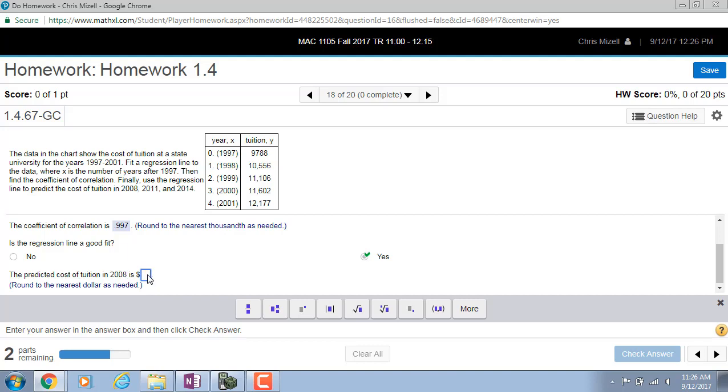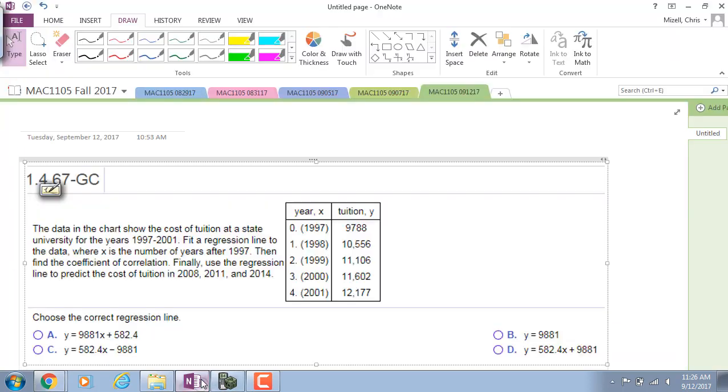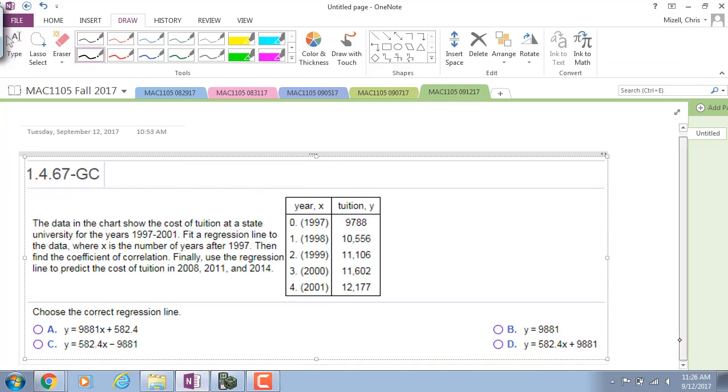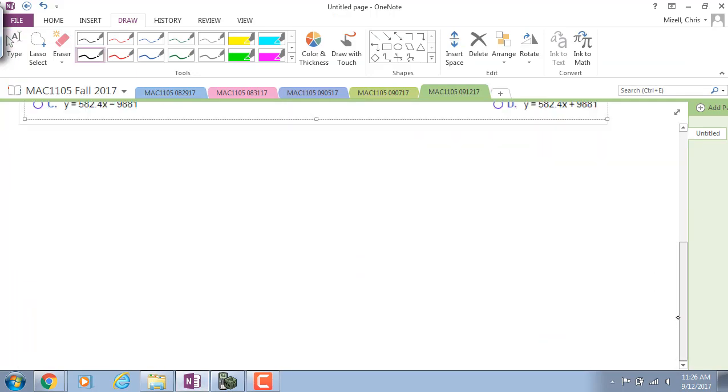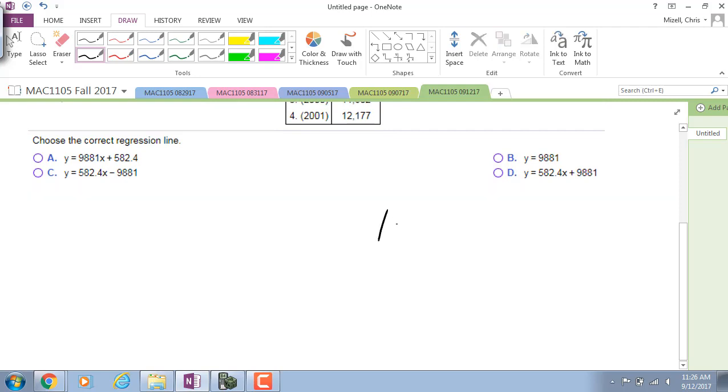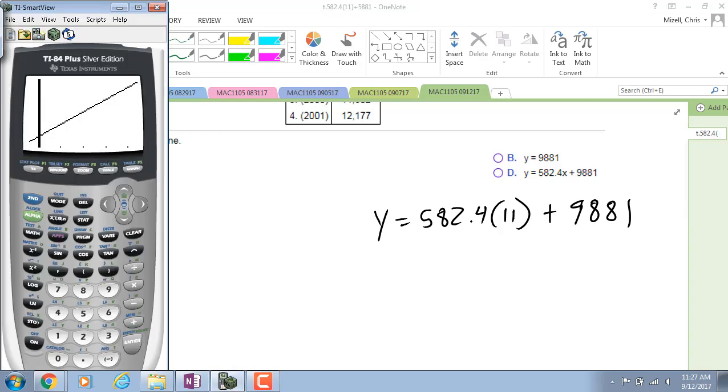So I'm thinking I would need to take 11 and evaluate this expression: Y equals 582.4 times 11 plus 9,881. So, 582.4 times 11 plus 9,881.